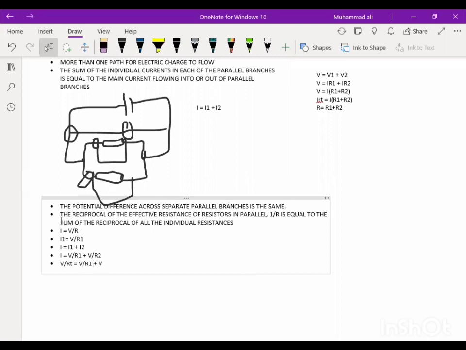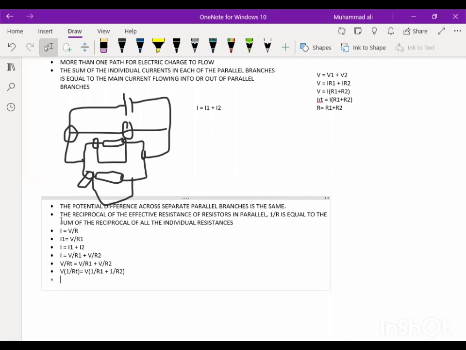R1, right? This way. Now what I can do is take out V common, right? So when I take V common out, I'll have what here? 1 upon R total is equal to, again I have V common, so it will be equal to 1 upon R1 plus 1 upon R2, right?